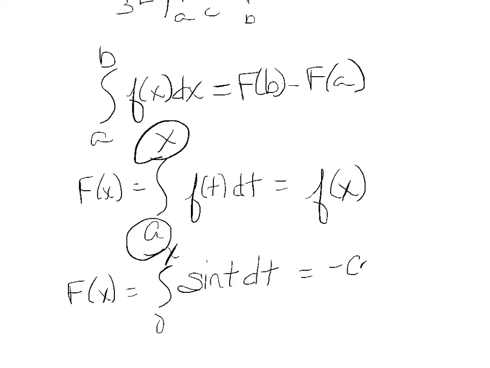Negative cosine of t, and we're going to evaluate that at x and at 0. So when I evaluate it at x, if I use the fundamental theorem of calculus, I plug this in first, what do I get?